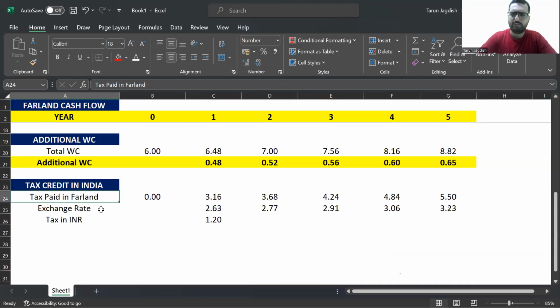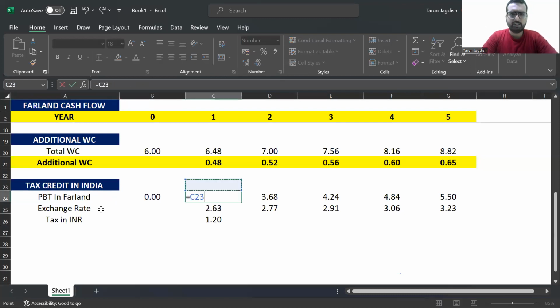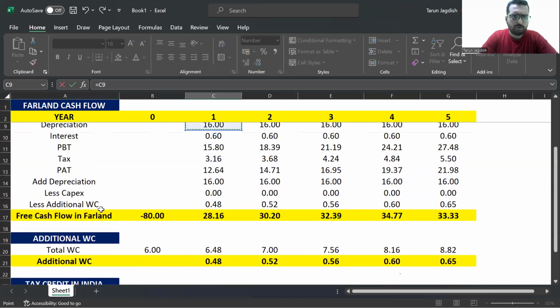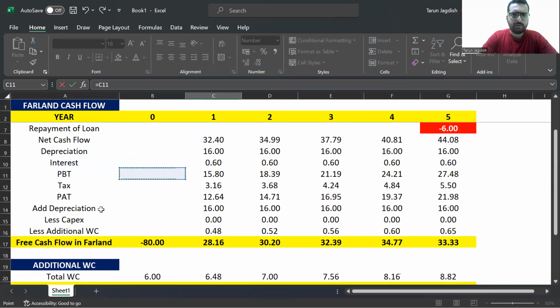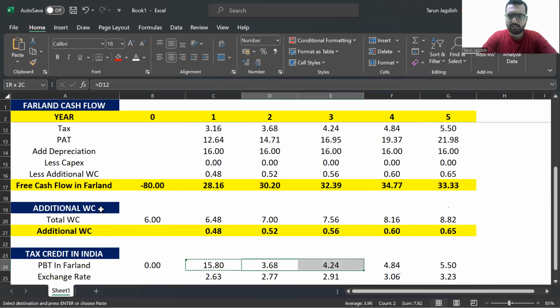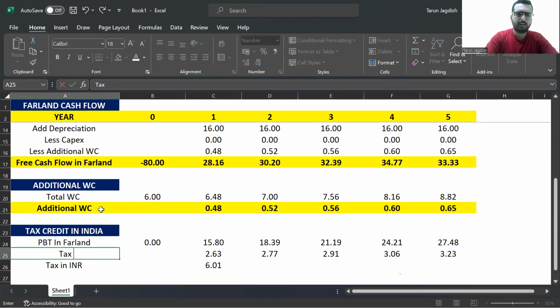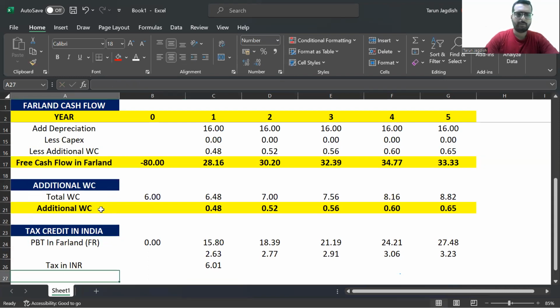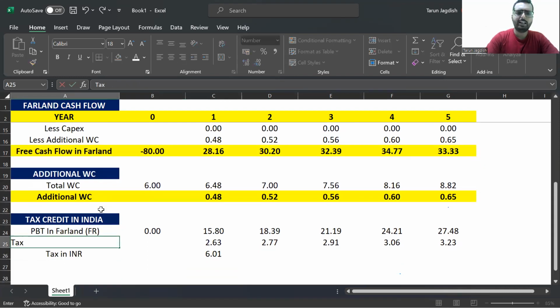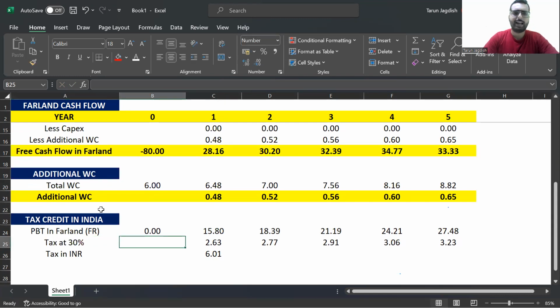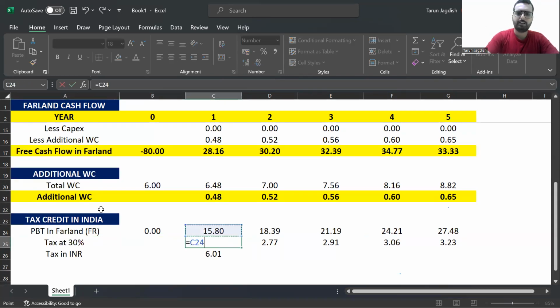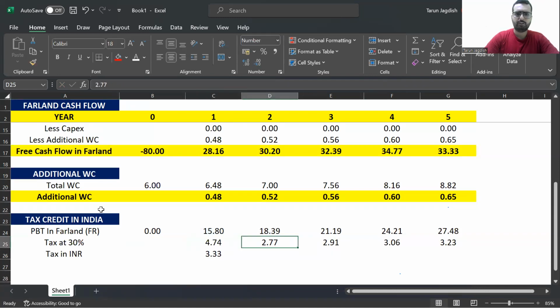I will start with PBT in Farland. Okay, I'm just changing my calculations. So what is the profit before tax that you get over here? Is it 15.8? I'll just copy paste this number here. So this amount is actually in FR. Am I right? Okay. So on this, ideally, if it was in India, I am supposed to pay a tax at 30%, into 0.30.